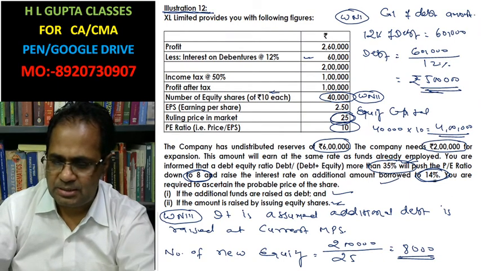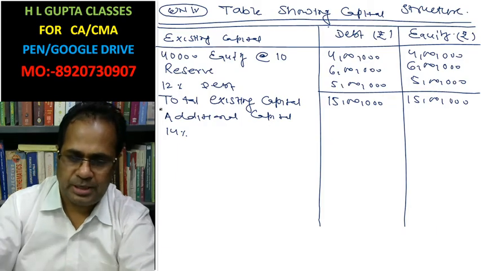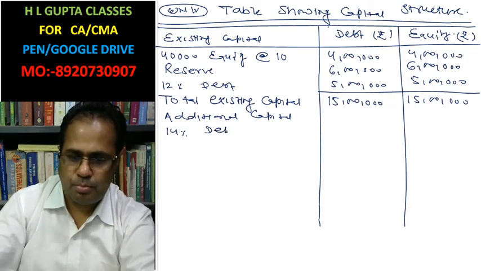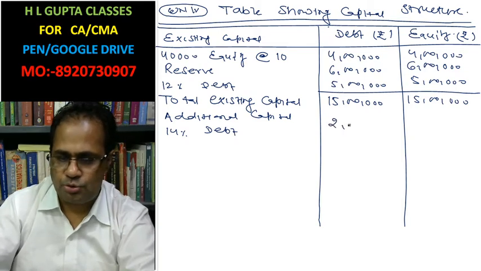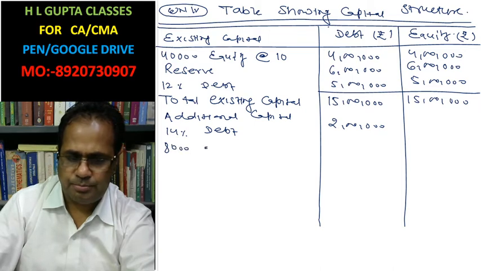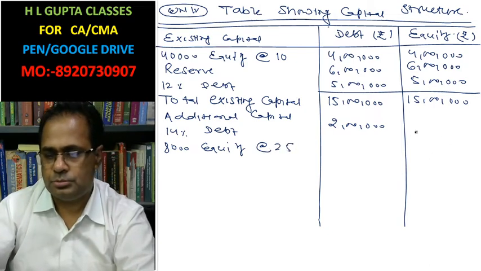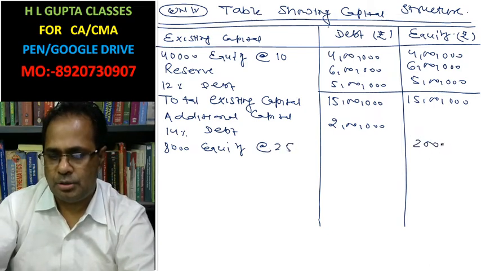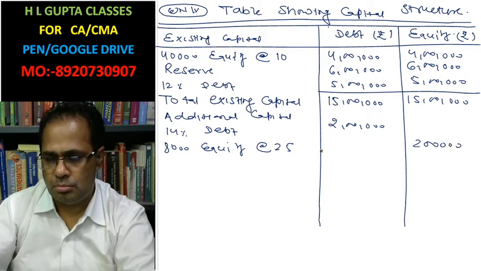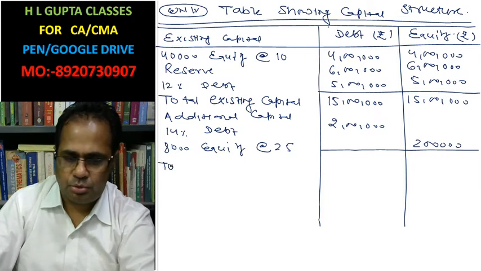This is the information. 14% debt, rupees 2 lakh. 8,000 equity at the rate of 25, it is 2 lakh. Total capital.